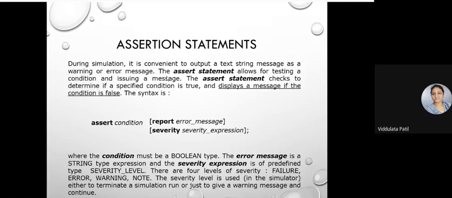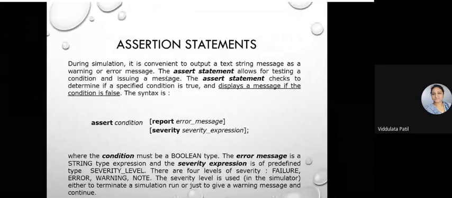These are the 4 levels of severity: failure, error, warning and note. Depending on that, the simulator will decide whether to terminate the program or just give a warning message and continue.